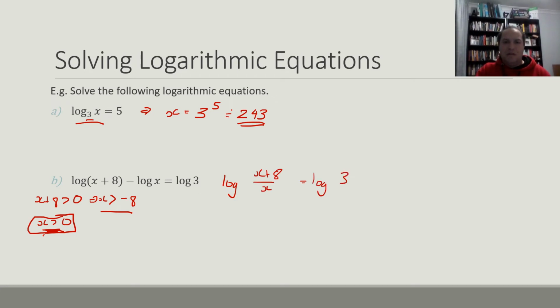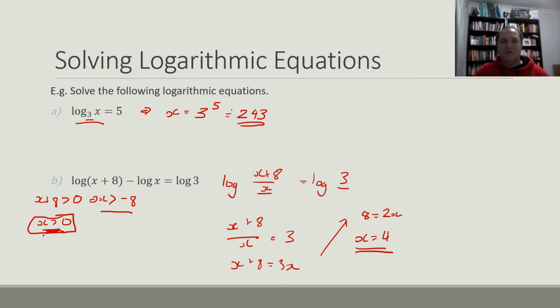Now that we've got one log on each side, we can equate our values. (x plus 8) over x equals 3. x plus 8 equals 3x. 8 equals 2x. x must equal 4. And there's our solution. Quite simple. Logs on both sides means we can just equate our values once we've done a bit of simplifying.